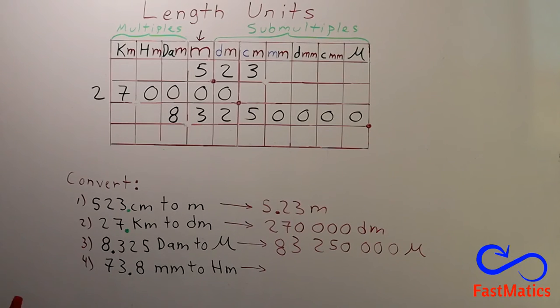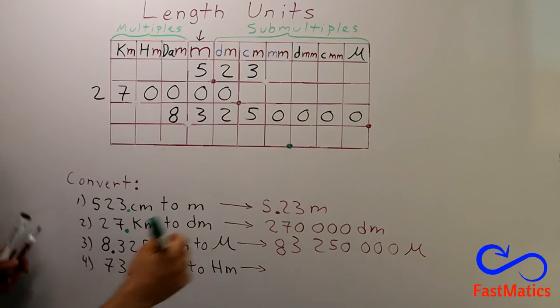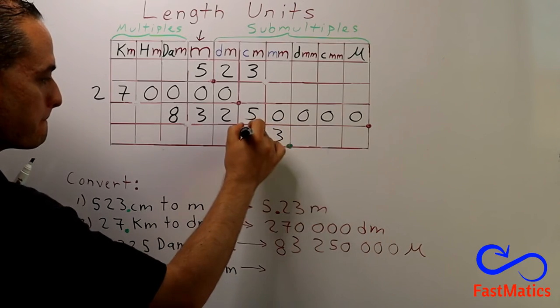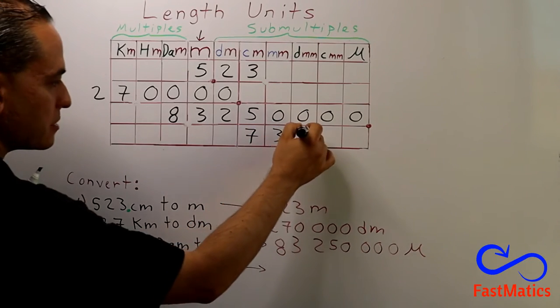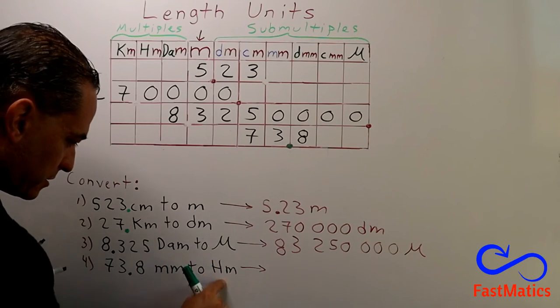And finally, we are going to convert 73.8 millimeters to hectometers. So you find millimeters, you put the decimal point at the end of the abbreviation of millimeters, and you see that to the left you have 7 and 3. To the right, 8. And you want to get hectometers.